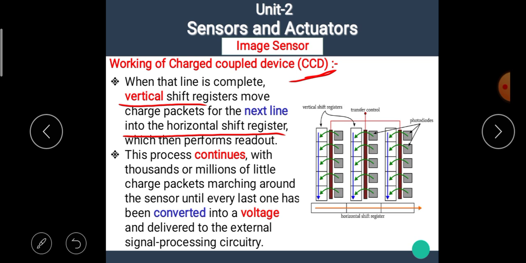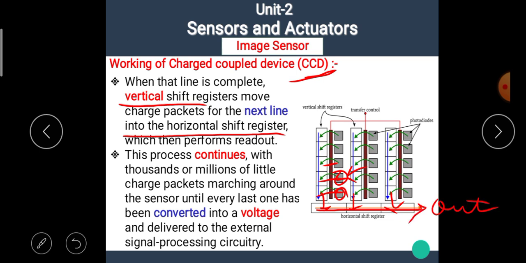When the CCD area is exposed to the light, each pixel contains a photosensitive material. When the light is incident on it, it has some specific value of charge in it. This value is stored into the vertical shift register. In the first line, the data is transferred towards the horizontal shift register, and when the completion of data takes place, the horizontal shift register transfers data towards the output.